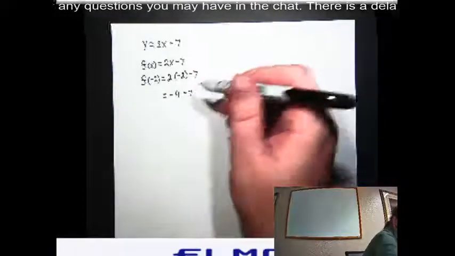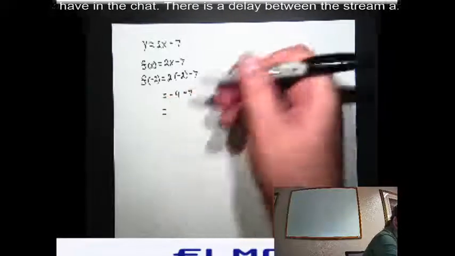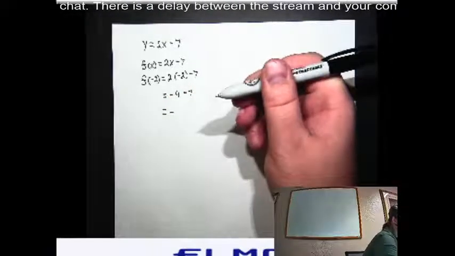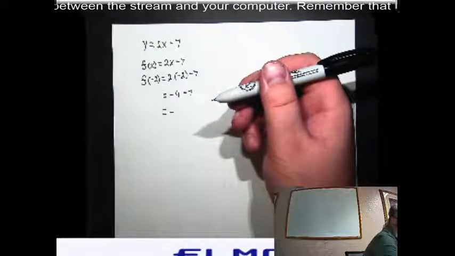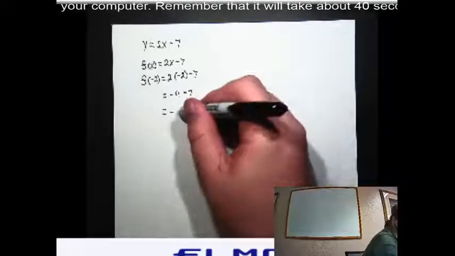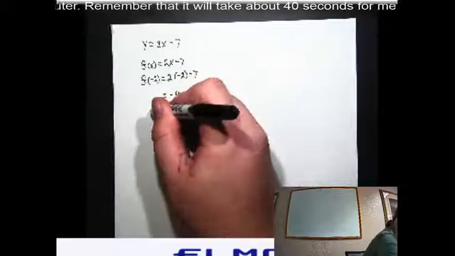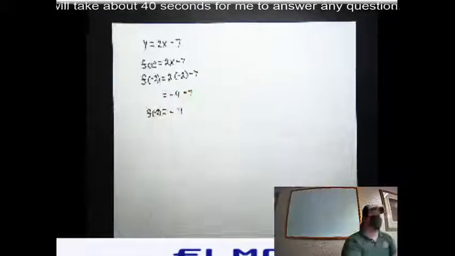And then negative 4 minus another 7, what does that come out to be? Negative what? Nobody? Negative 11. So we can say that f of negative 2 is negative 11.